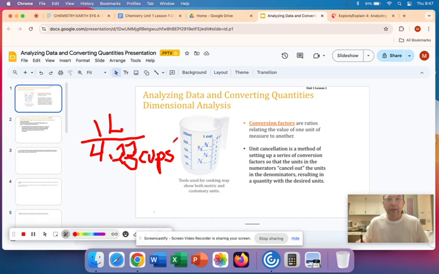If I want to know, let's say I have 2 cups, how many liters is that? I would multiply it by this ratio. I would say 2 cups over 1, and 1 liter over 4.23 cups. My units of cups cancel each other out.